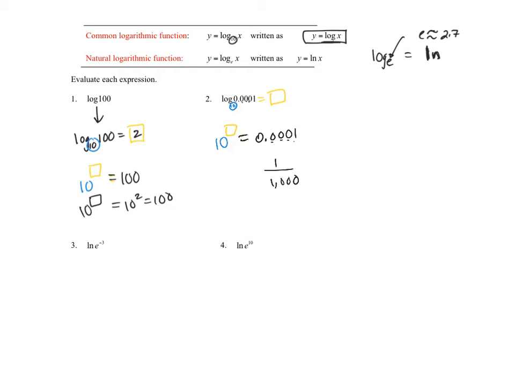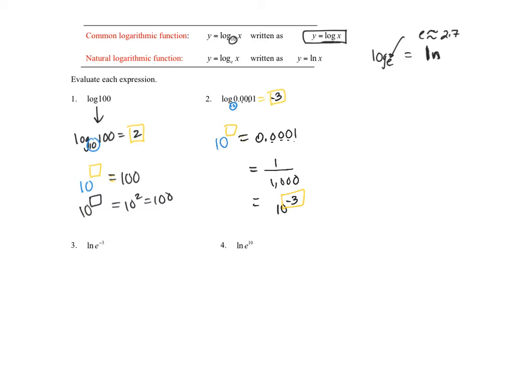So 0.0001 is 1/10,000, and that is the same thing as 10 to the -4. So what's the exponent there? It is -4.